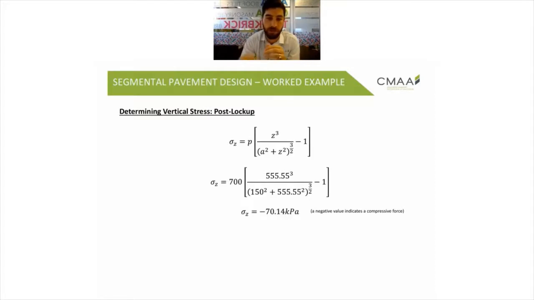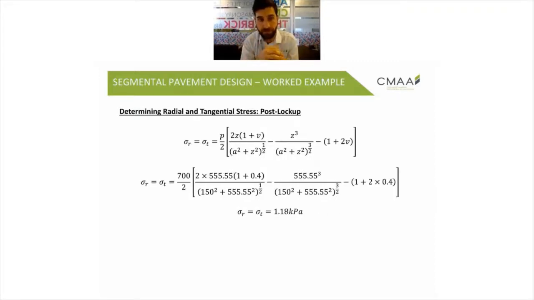So using our equivalent thickness now of 555, we get a vertical strain value of -70 approximately, negative being a compressive force. Again, using our 555 thickness, our tire pressure of 700, and our Poisson's ratio, we get a radial stress of 1.18.